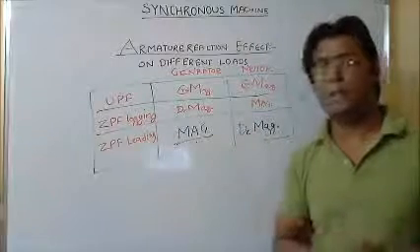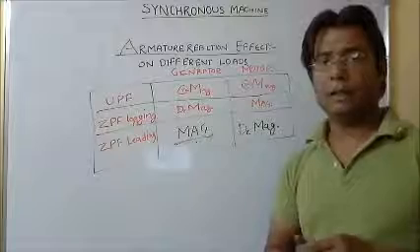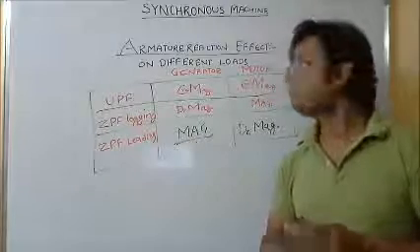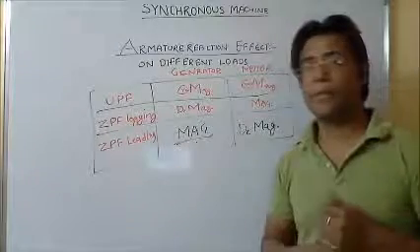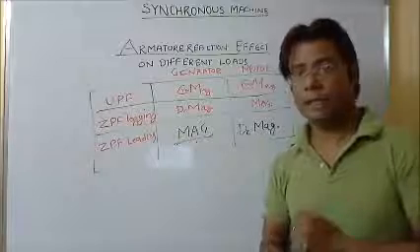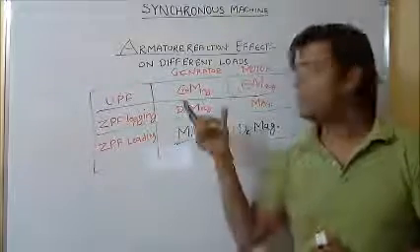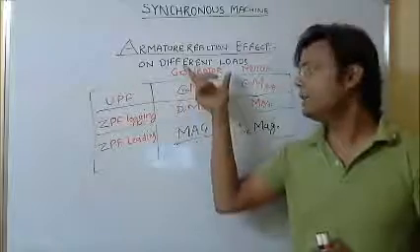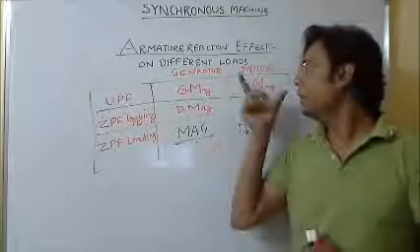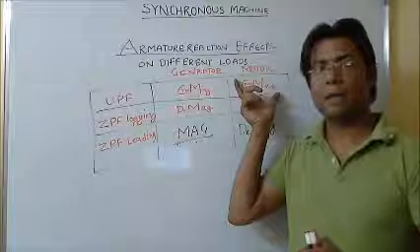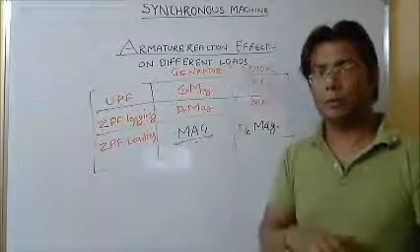This is a very important table when the effect of armature reaction on different types of loads is concerned. When the load is of unity power factor, it is cross magnetizing for generator, and cross magnetizing in the case of motor too.